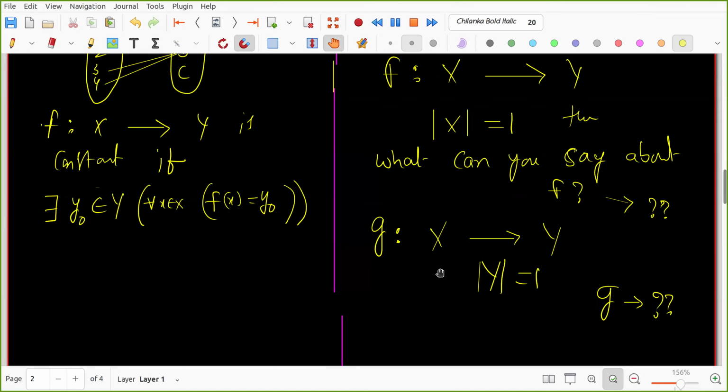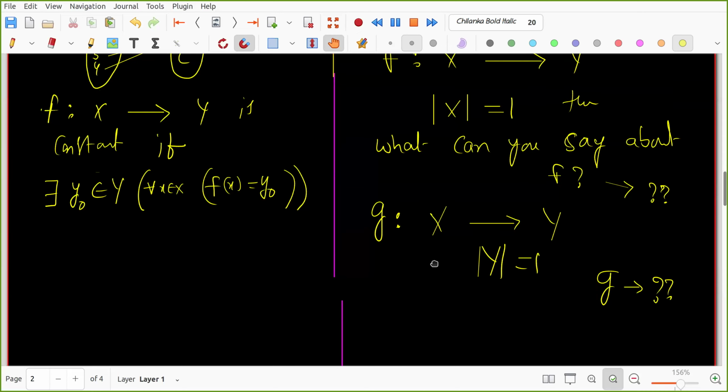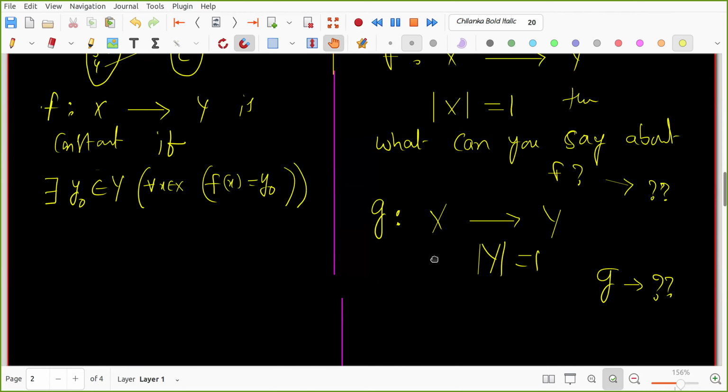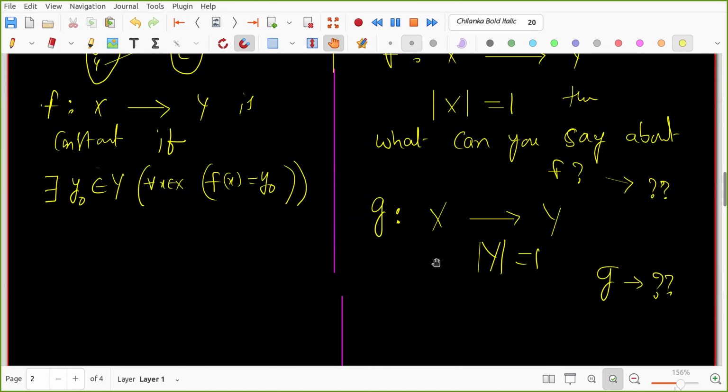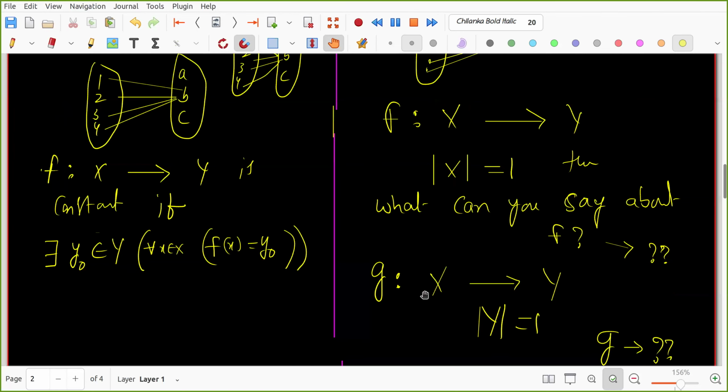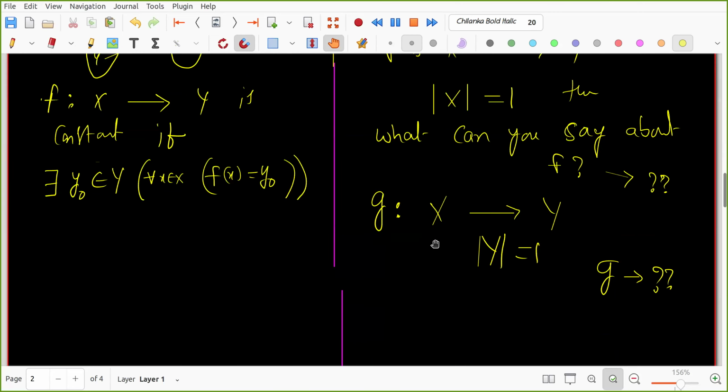Because there exists y such that for all x it is satisfying the definition of a constant function. Why? All elements of X are mapped to a single element because Y has only one element.